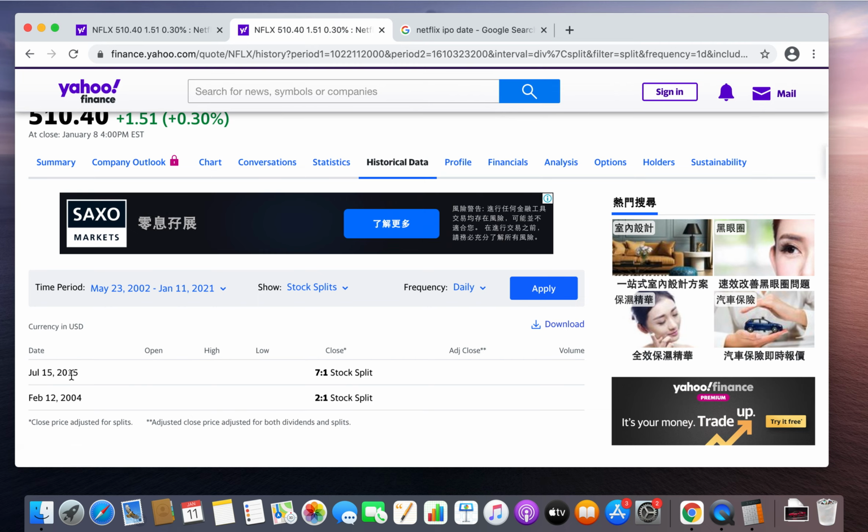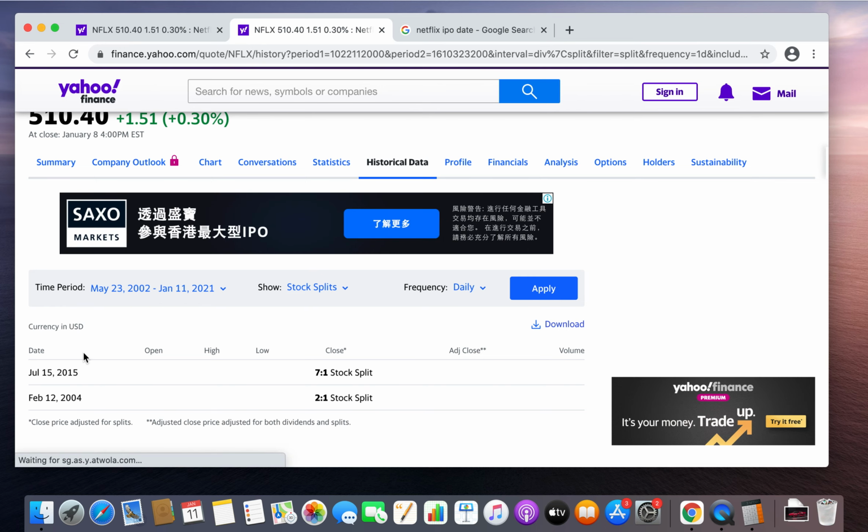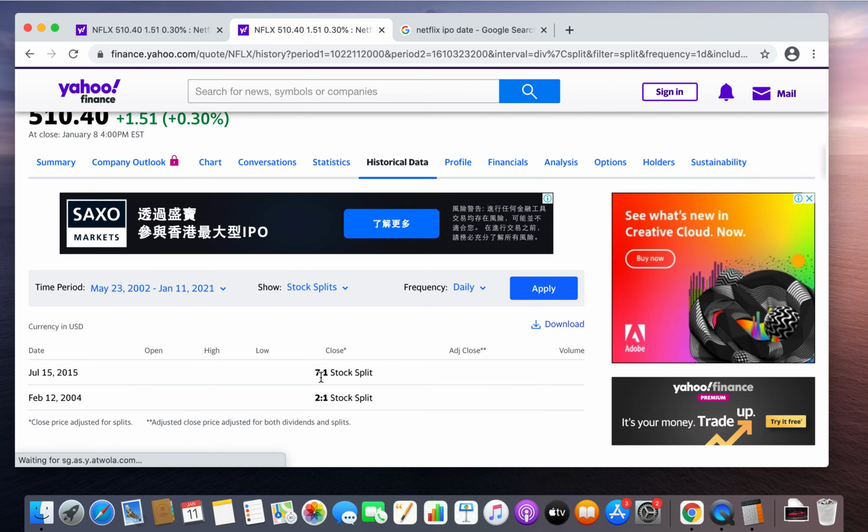And in our example, the investor bought in 2002 and held up until 2021, so he would have benefited from both stock splits. All right, and the two stock splits means that one stock purchased in 2002 would be multiplied by 14 to 14 stocks.